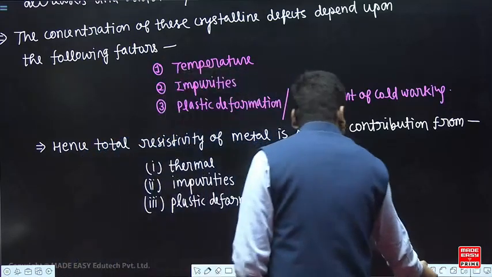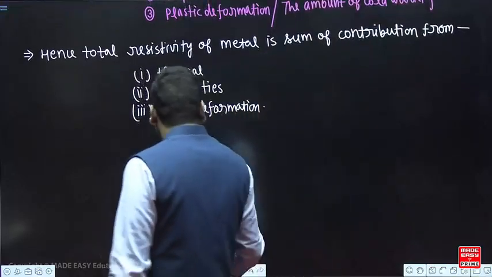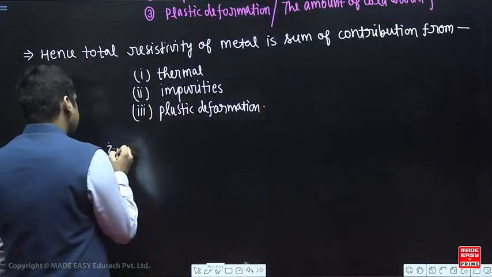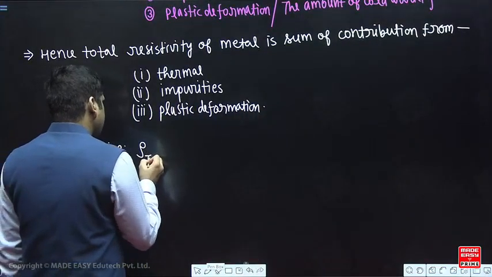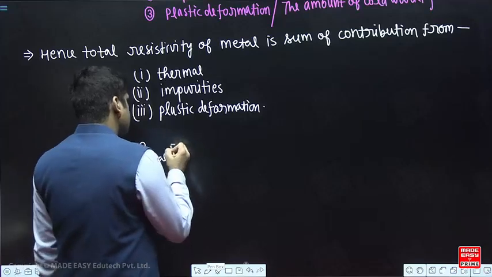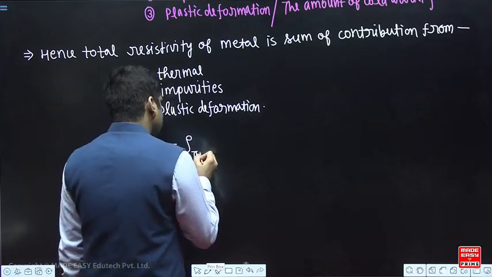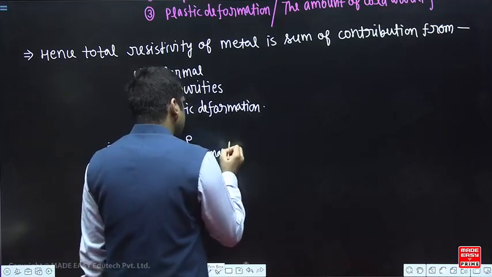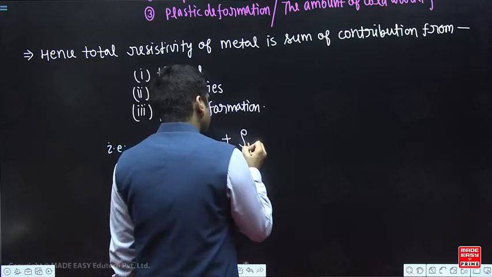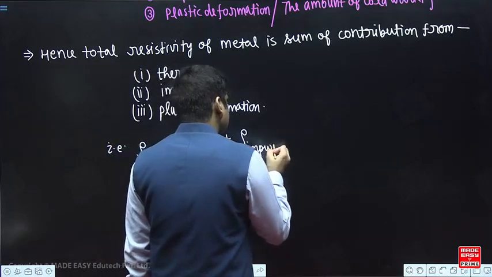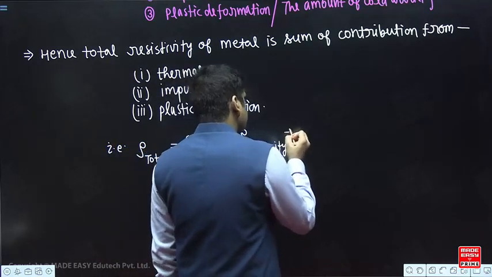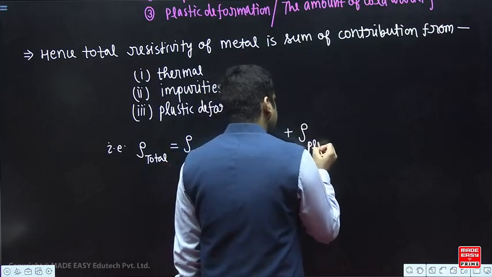So you can write it mathematically as: rho total is equal to rho thermal plus rho impurity plus rho plastic deformation.